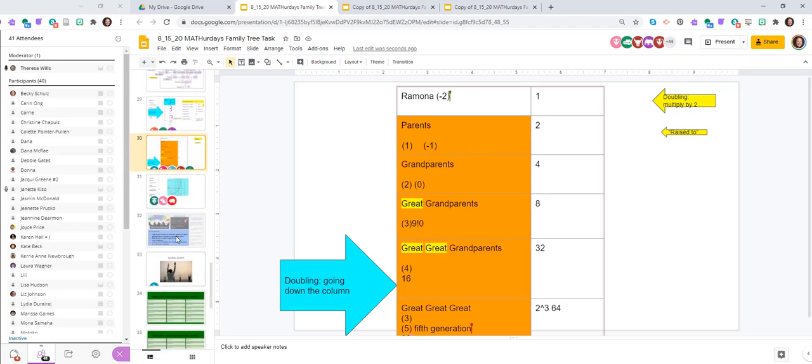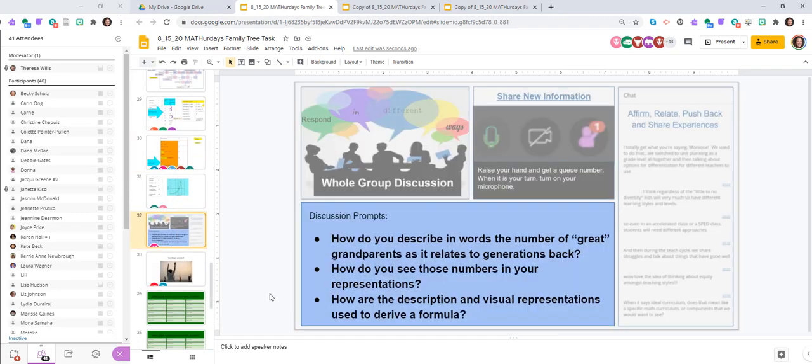As we close up today, I wanted you to know my main goals were on slide 32. These were the goals that I anticipated at the beginning. I wanted to talk about how words and numbers describe grades, how you use numbers in your representations, and how you move from descriptions and visual representations to derive a formula.